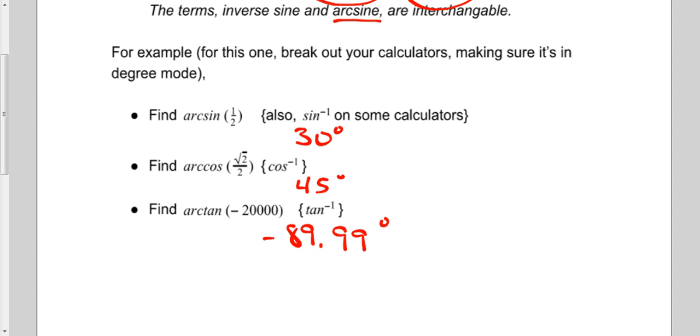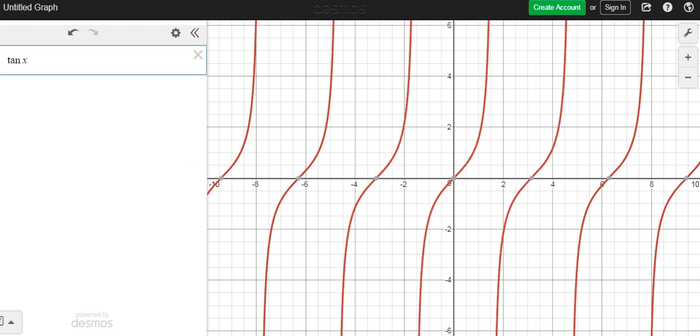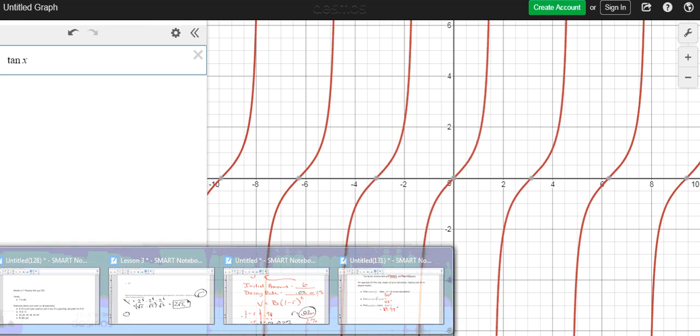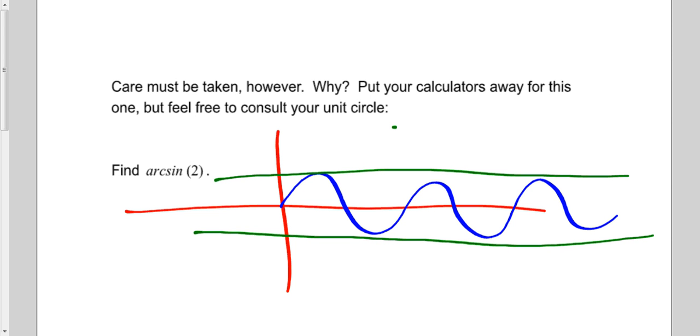What's the range of tangent? The range of tangent is all real numbers. That's why I can do tangent, but I can't do sine and cosine that way. Okay?